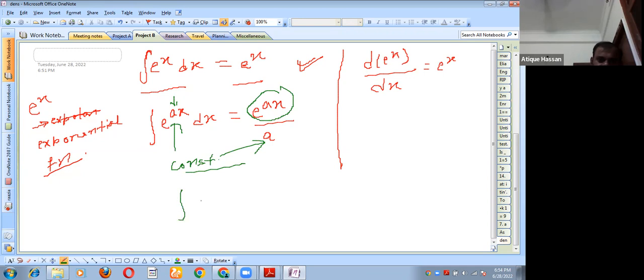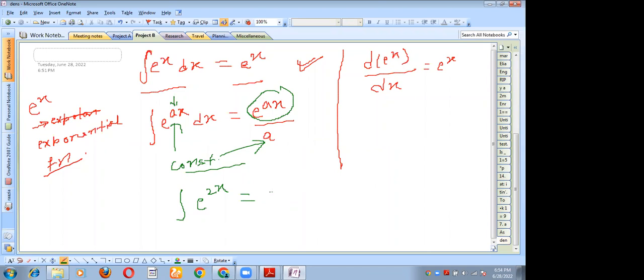You can see by example, for example, the integration of e to the power 2x. What will be its value? Can you say? What will be the integration of e to the power 2x? E to the power 2x by 2. Correct.